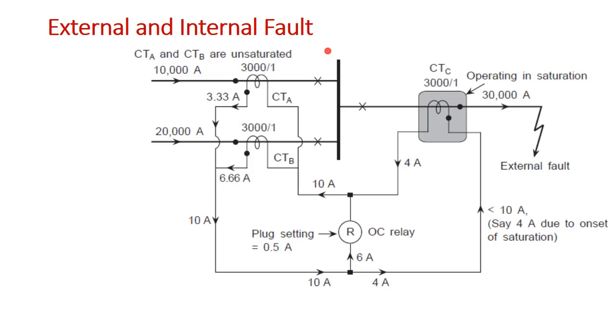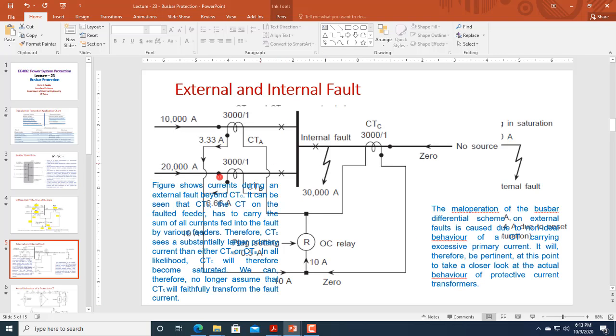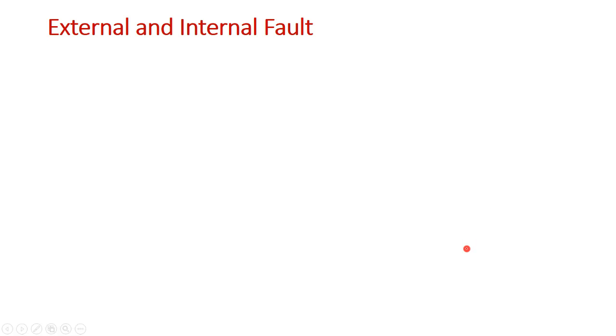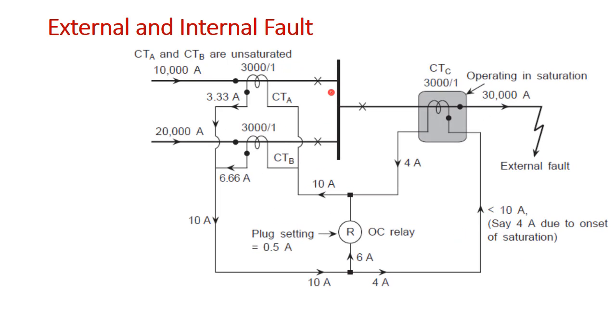You can see here, this is a busbar where the incoming feeders have 10,000 ampere and 20,000 ampere, and the outgoing feeder is rated 30,000 ampere, and the CT arrangement is made 3000:1 for each of the CTs, right.